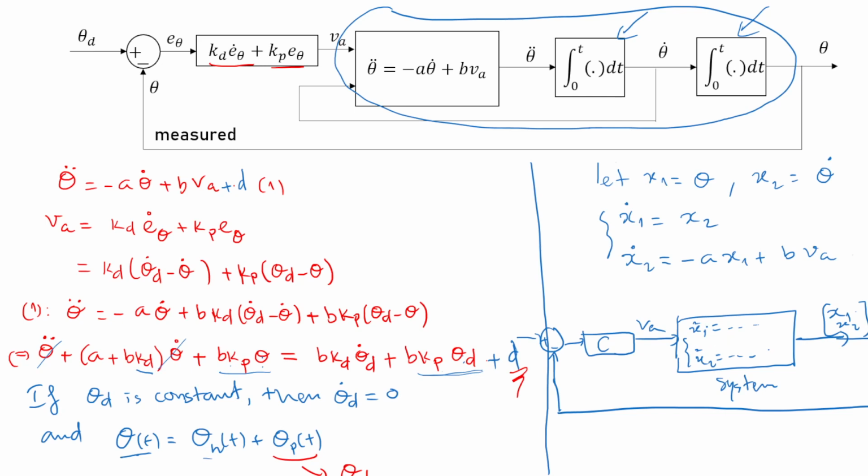Inside this block I have a way to solve it, whether by analytical or numerical method. And here I use this integrator instead of 1 over s, because when I made this lecture, I assumed the students do not understand the Laplace transform and do not know 1 over s.